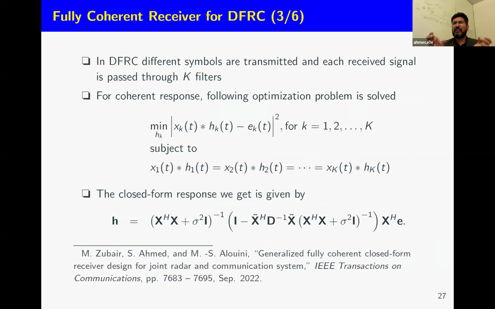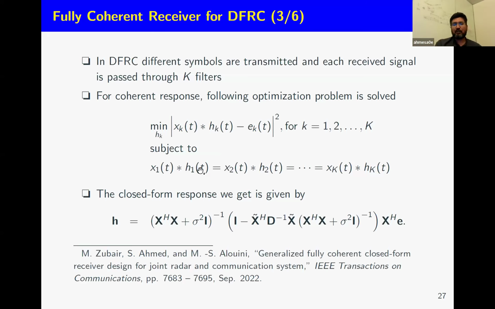What I'm constraining is this: when I transmit +1, it passes through the first filter, H1, and gives me one response. When I transmit -1, it passes through the second filter and gives me some response. What I want is the same response from those two filters. This is what I have done here, right?